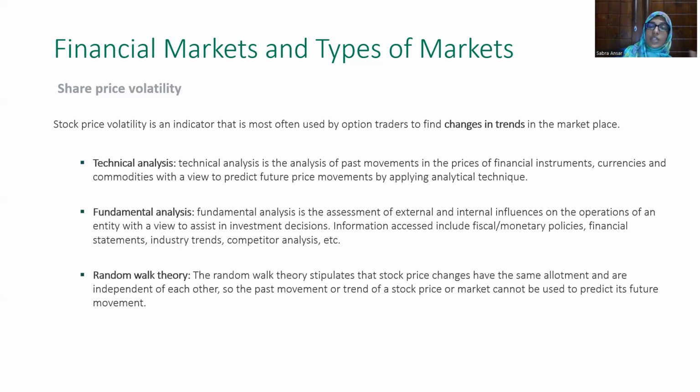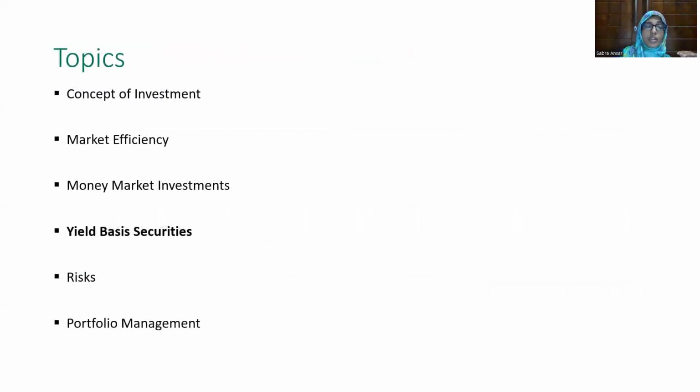Therefore, using this theory, the past movement or trade generally cannot be used to predict future movement. So we were talking about the three theories: technical analysis, fundamental analysis, and random walk theory.